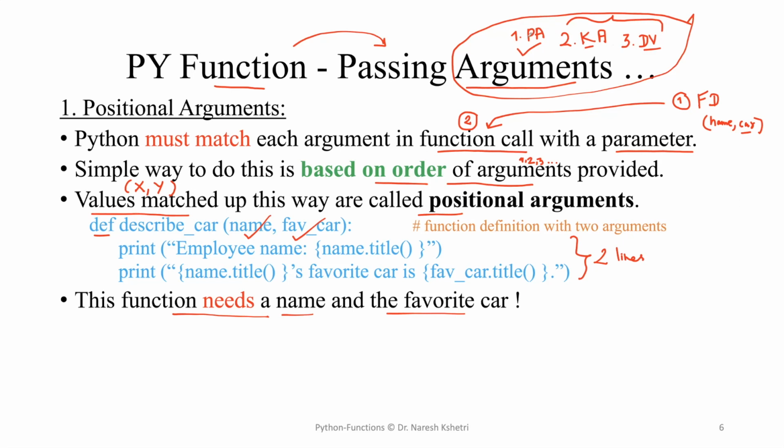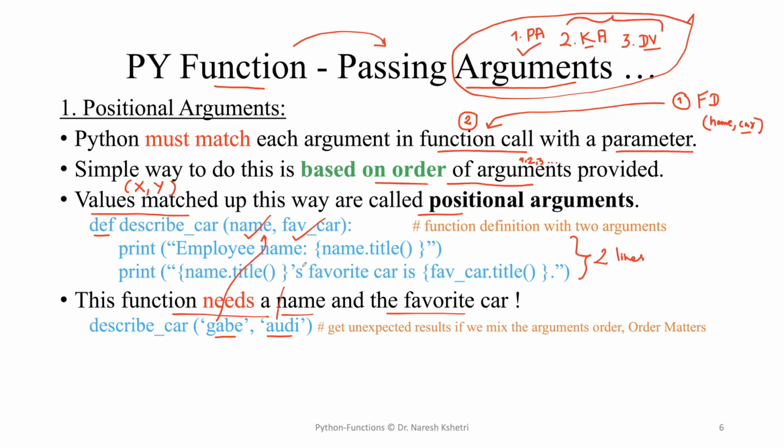First we are learning how we can pass in the positional way. In the name we have passed Gabe, and in the car we have passed Audi. That means these values are matched. Gabe is matched to the name, and Audi is matched to the favorite car. That means we are following the positional arguments. Otherwise we will get unexpected results if we mix the order, because the order matters, and that results in a logical error.